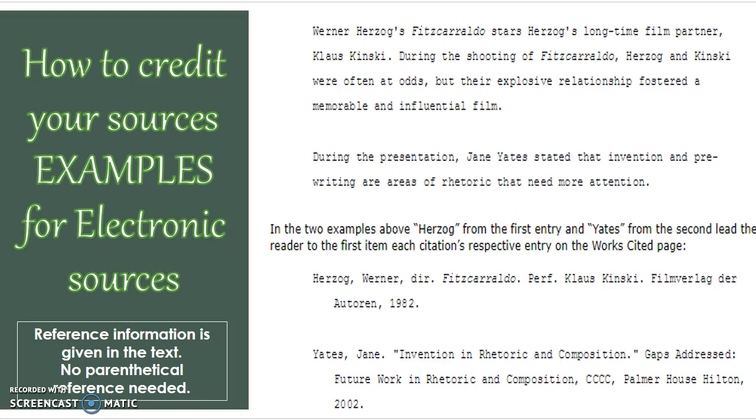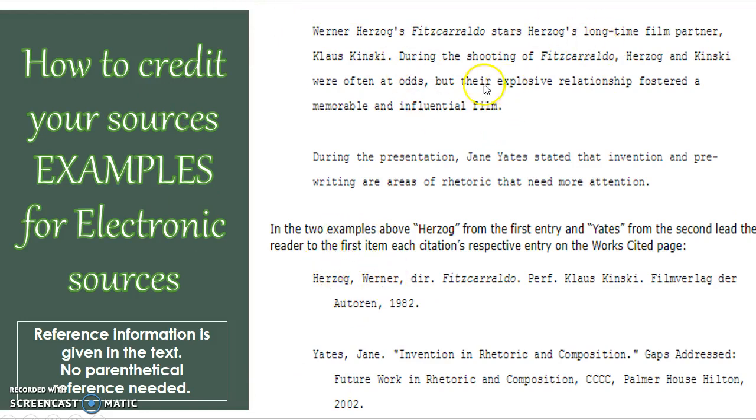And if you look through that information there, you could see that Herzog is mentioned in text as the writer was talking about the information provided from that resource. As a result, when you look at the bottom works cited reference, since Herzog is mentioned in the actual writing, it helps the reader find the citation on the works cited page.